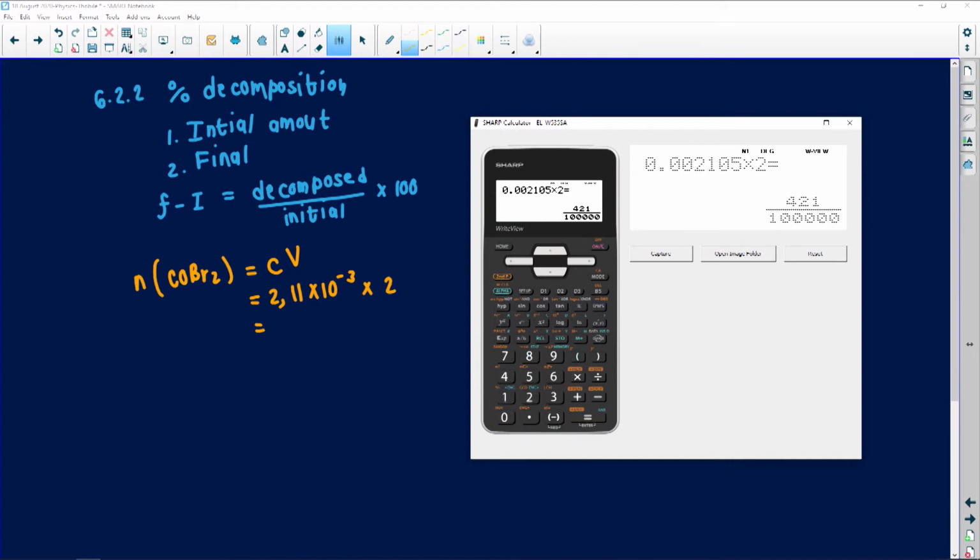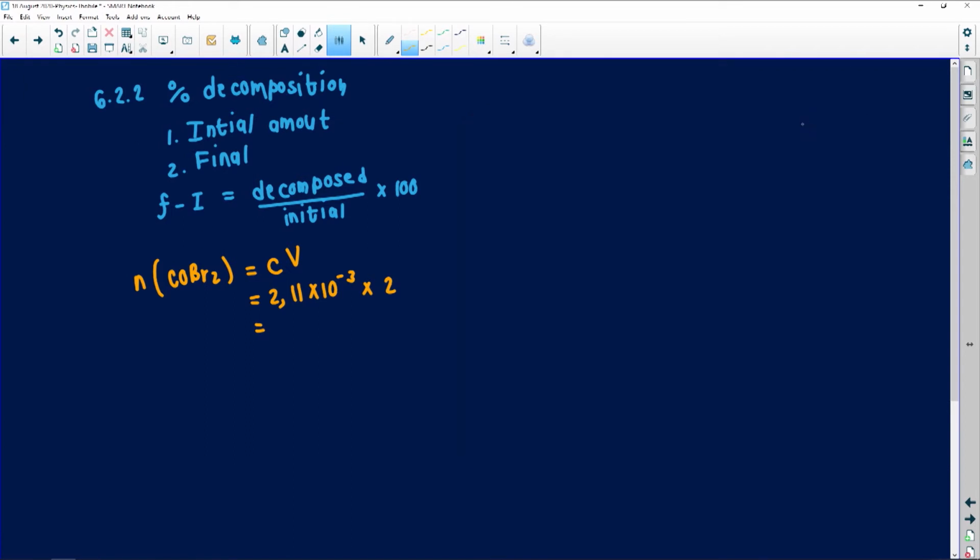Times that by 2. Then I get this value here. So I'll have 4.21 times 10 to the negative 3, and this is my moles, right? So this is then the moles that I have.